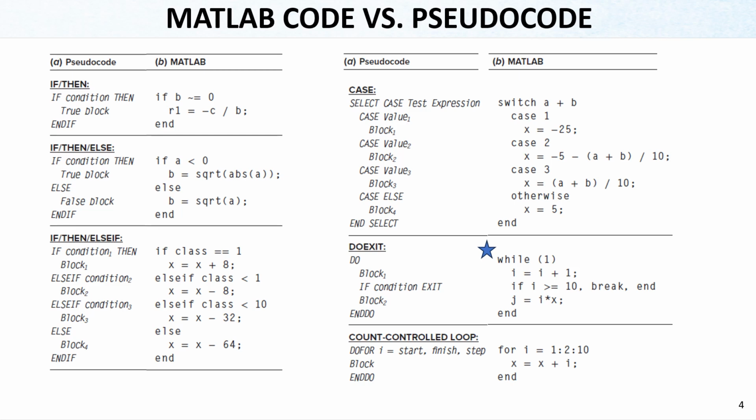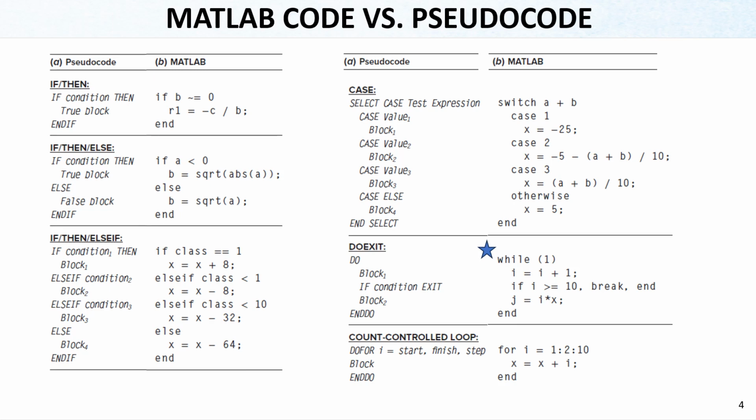Here R1 is minus c divided by b, for example. This is an example MATLAB code for the root finding problem, if you remember from the previous slides or previous courses. Similarly here, if then else if else, there are calculations here, and there is a condition.